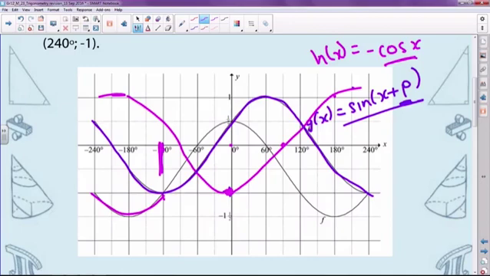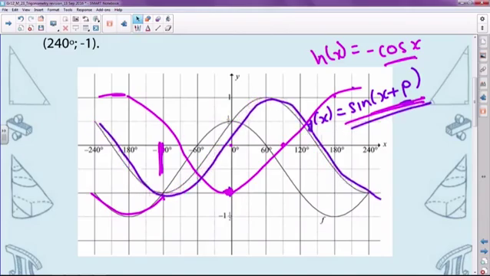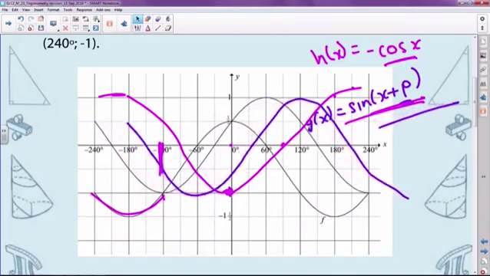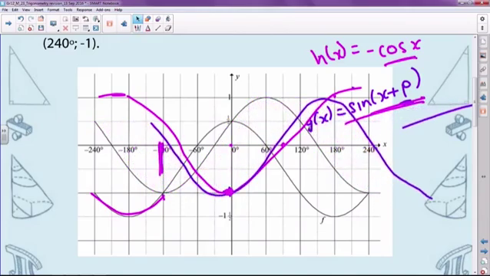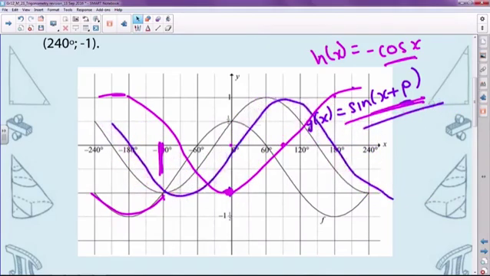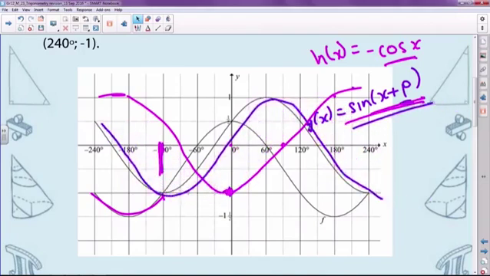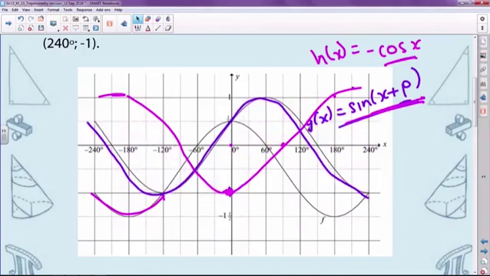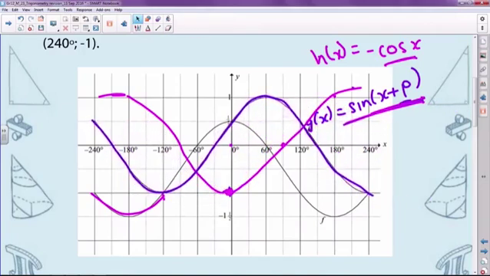Now, in order for this sine graph to transform and look the same, you will see that it needs to move, right? It needs to move to that position there. And what is that movement? It's 120 degrees. Okay, let me undo that so you can see what's at that point. That's at negative 120 degrees.